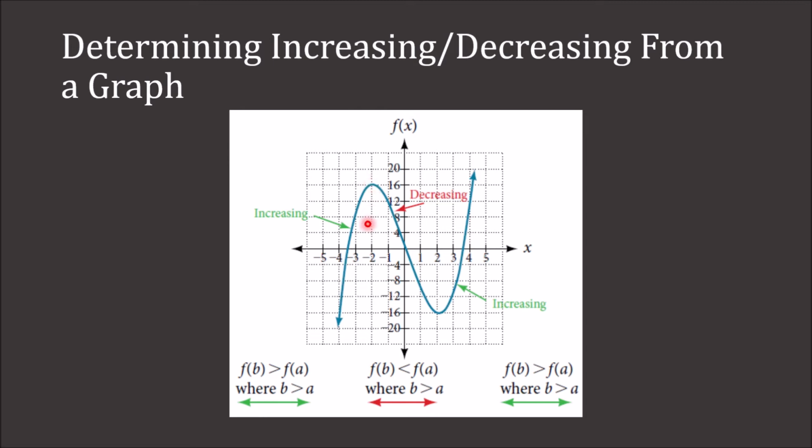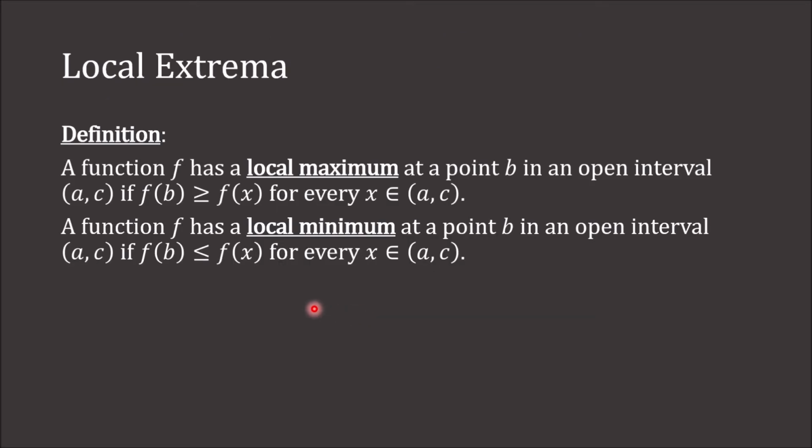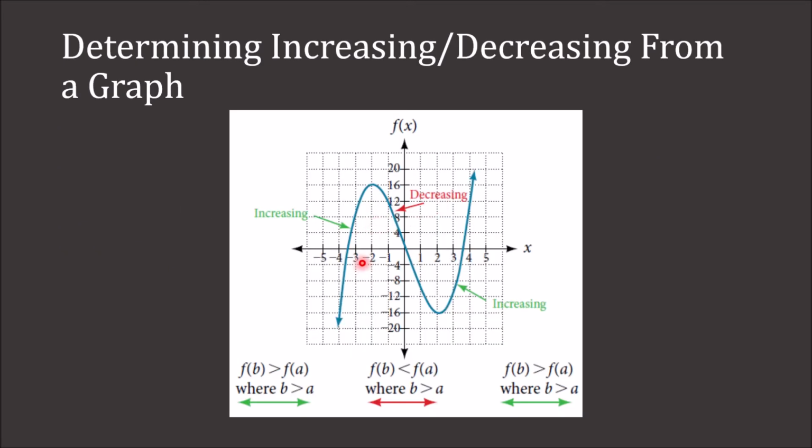So what's happening is, the definition said that f of b is greater than or equal to f of x for every value in that interval. So it occurs that the maximum is occurring at -2, so it says that f of -2 is the largest value for f over the interval.